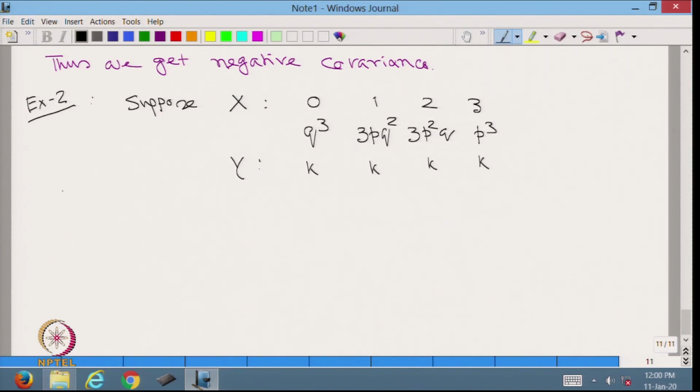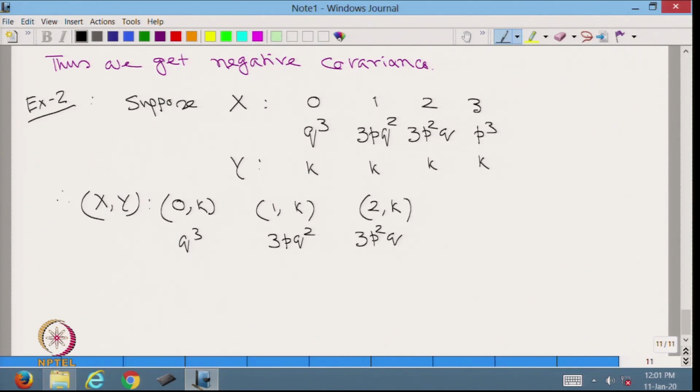That means x, y takes values 0, k with probability q cube, 1, k with probability 3 p q square, 2, k with probability 3 p square q, and 3, k with probability p cube.